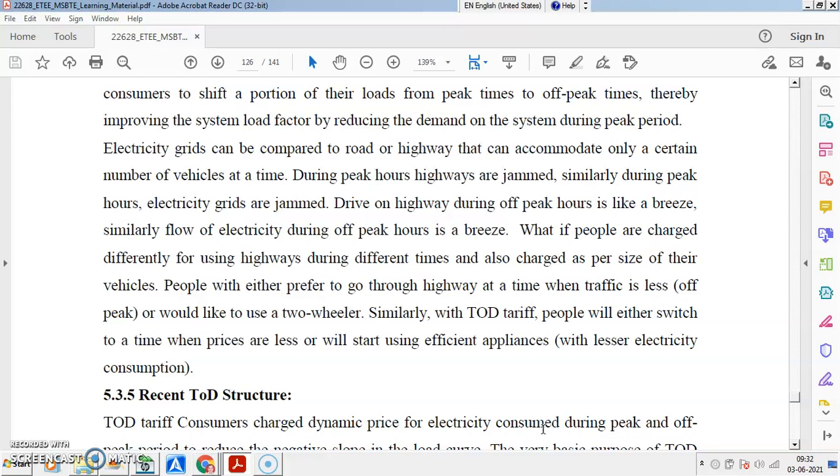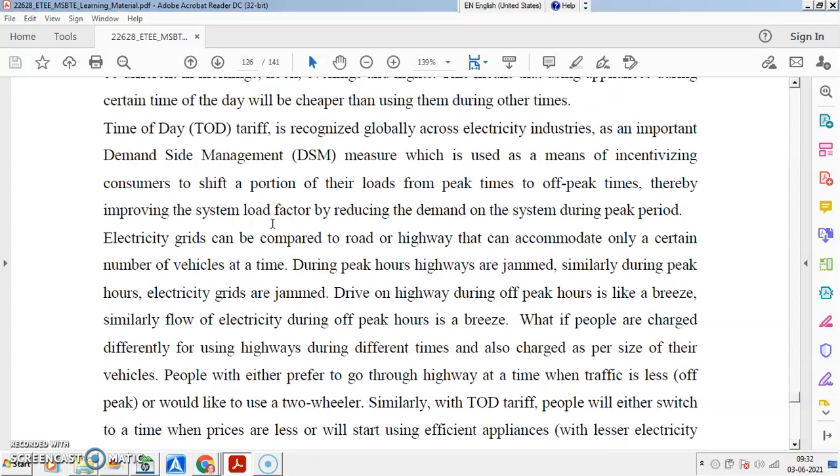We may have a bifurcation of the total 24 hours of a day into morning, afternoon, evening and night sessions. Morning is normally called as between 6 to 8 or 10. Afternoon is called 10 to say 4, evening is called say 4 to 8 or 10.